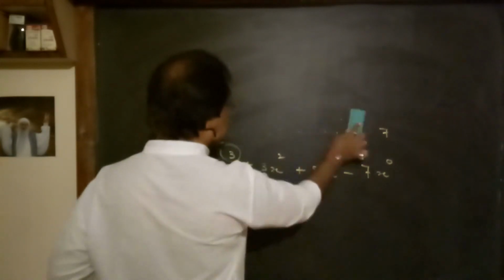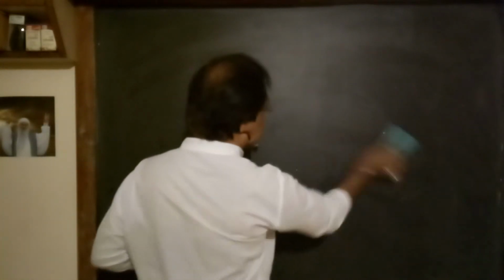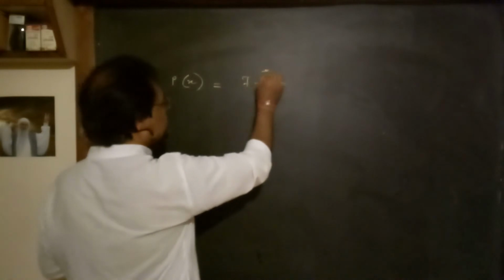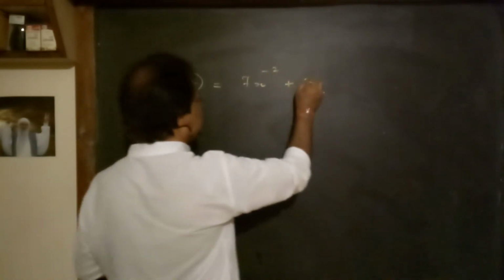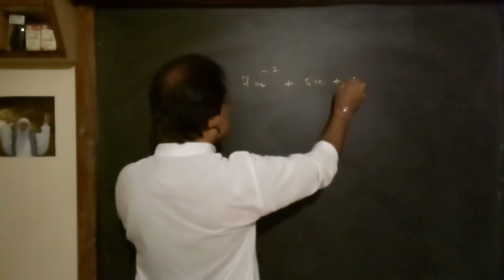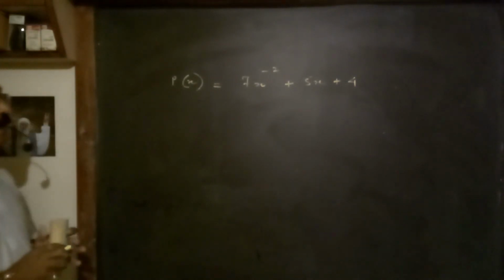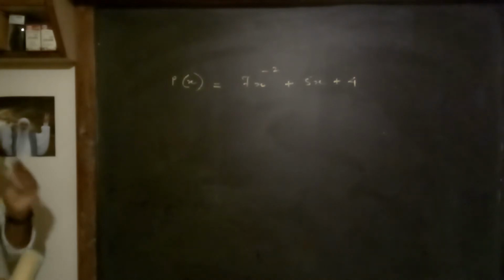Then comes one more thing I would like to tell you. If it is given p of x is equal to 7x raised to minus 2 plus 5x plus 4, then dear students, here the terms are 7x raised to minus 2 plus 5x plus 4.